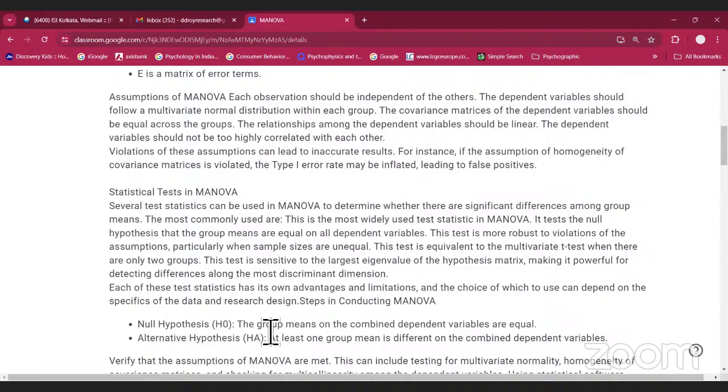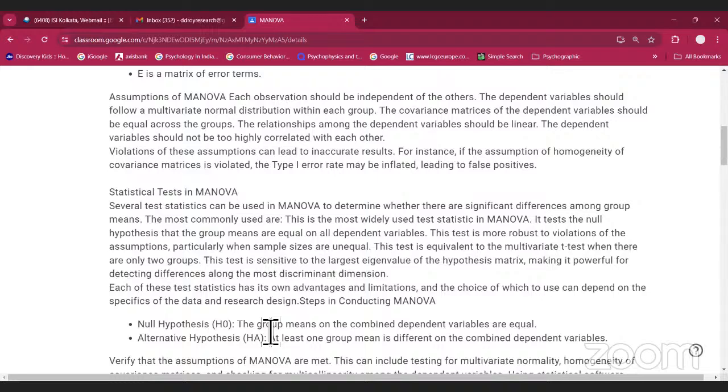So this eigenvalue is very important. I think Madam Shumona taught you the principal component analysis. There she taught you about the eigenvalue. I think you can remember. So this eigenvalue indicates the dispersion. And if the dispersion is high, that means the effect is more.